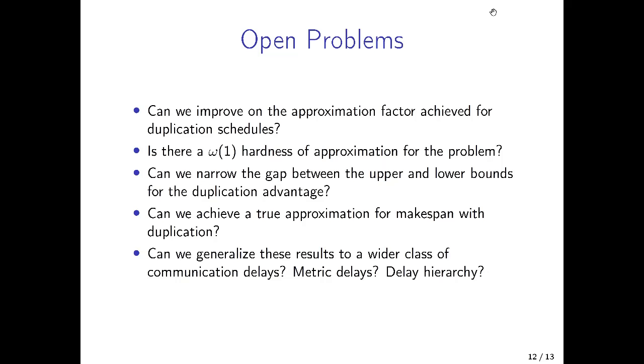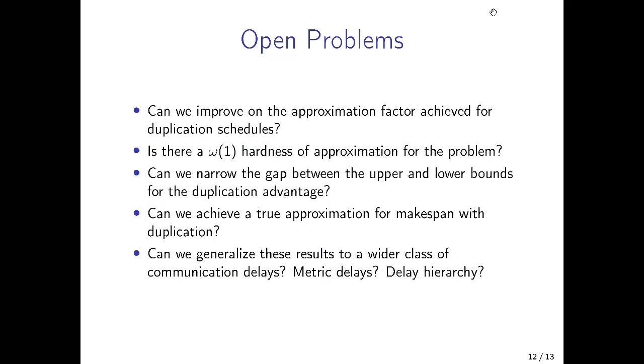Yeah, maybe I'll just add. One way to think about the hard case is there is duplication. Let's assume that communication delay is infinite. So you have to figure out how to distribute the jobs with duplication.